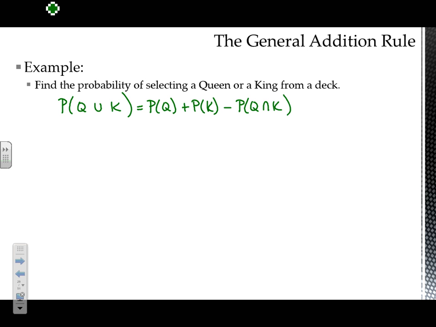These are mutually exclusive events, right? Since they are disjoint, we could actually forget about this last piece altogether. There's no way to draw a queen and a king on the same draw. So really all we have to do is take the probability of queen plus the probability of king.